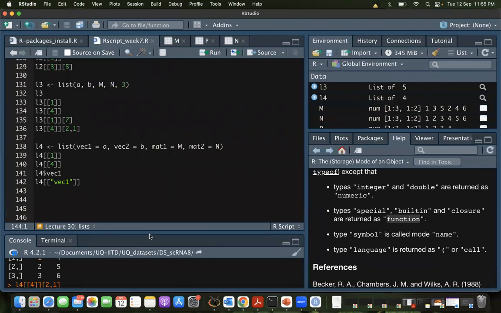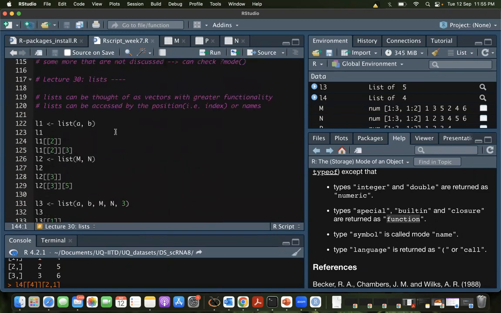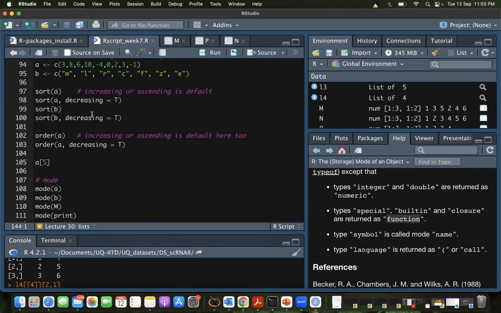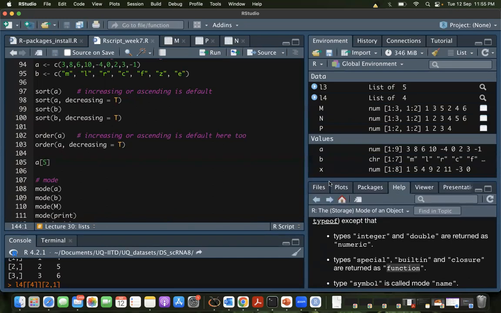Okay. So let's say we defined two matrices here, M and N. Let's say I have 100 matrices that I want to work with, and I want to do something very similar on each of them, like finding row sums, column sums, checking something. I would like to do it through loops, right?